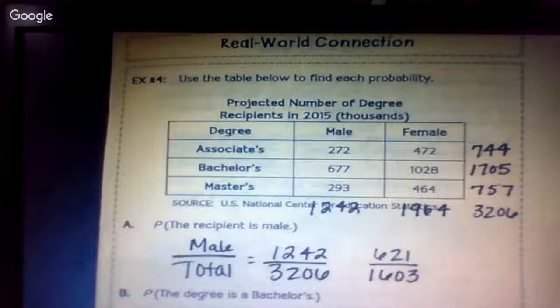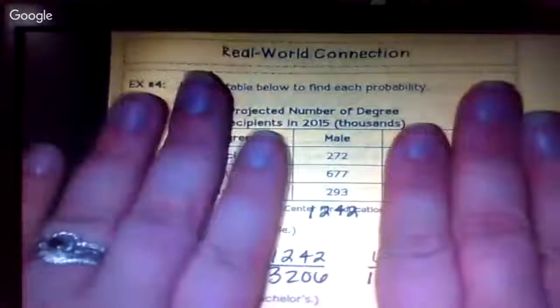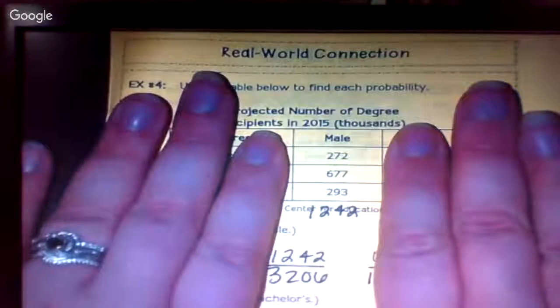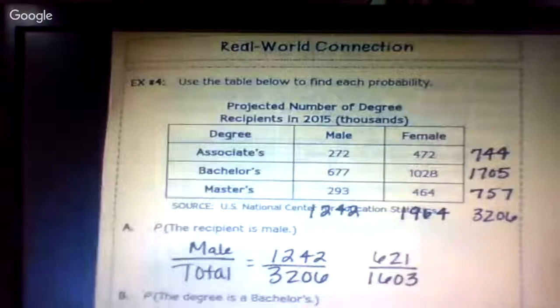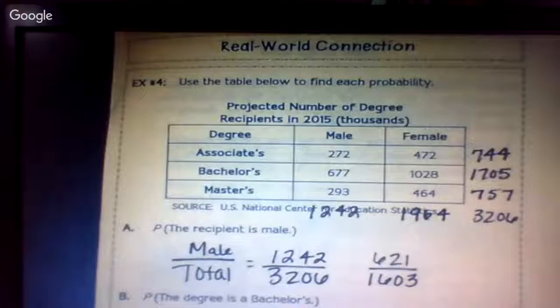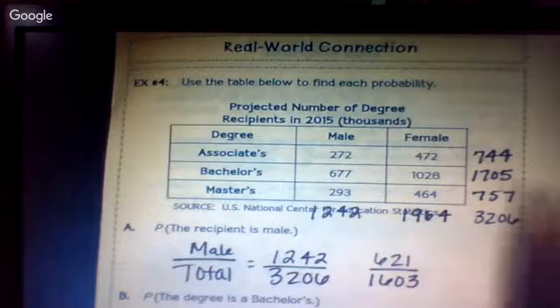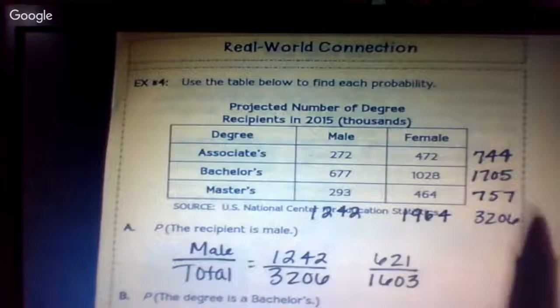But remember, we already know that you're a male. We don't care anything about the females. So we're just in this column. So how many of the people just in this column have a bachelor's or a master's? 970. So you added these two outside numbers together.